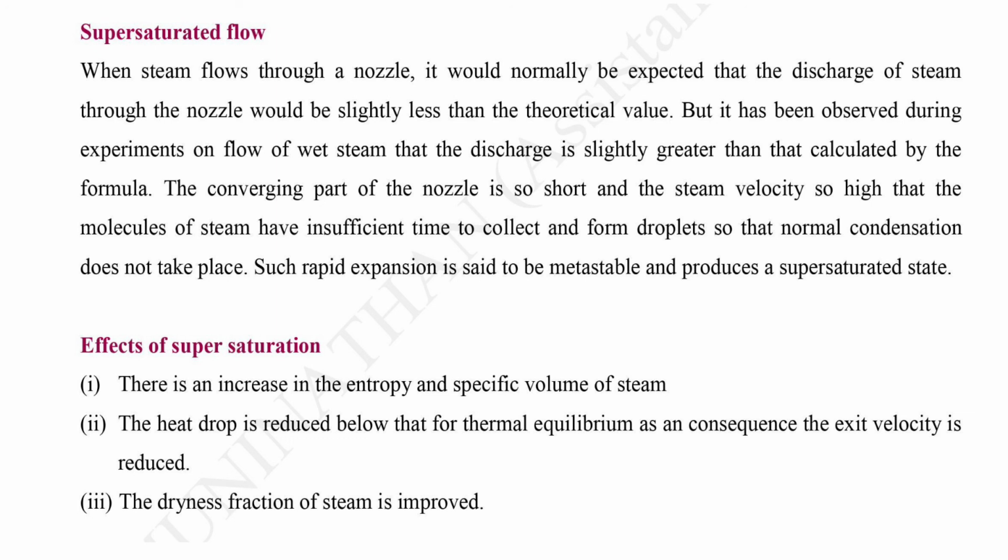Effect of supersaturation: there is an increase in the entropy and the specific volume of steam. The heat drop is reduced below that for thermal equilibrium. As a consequence, the exit velocity is reduced. The dryness fraction of steam is improved.